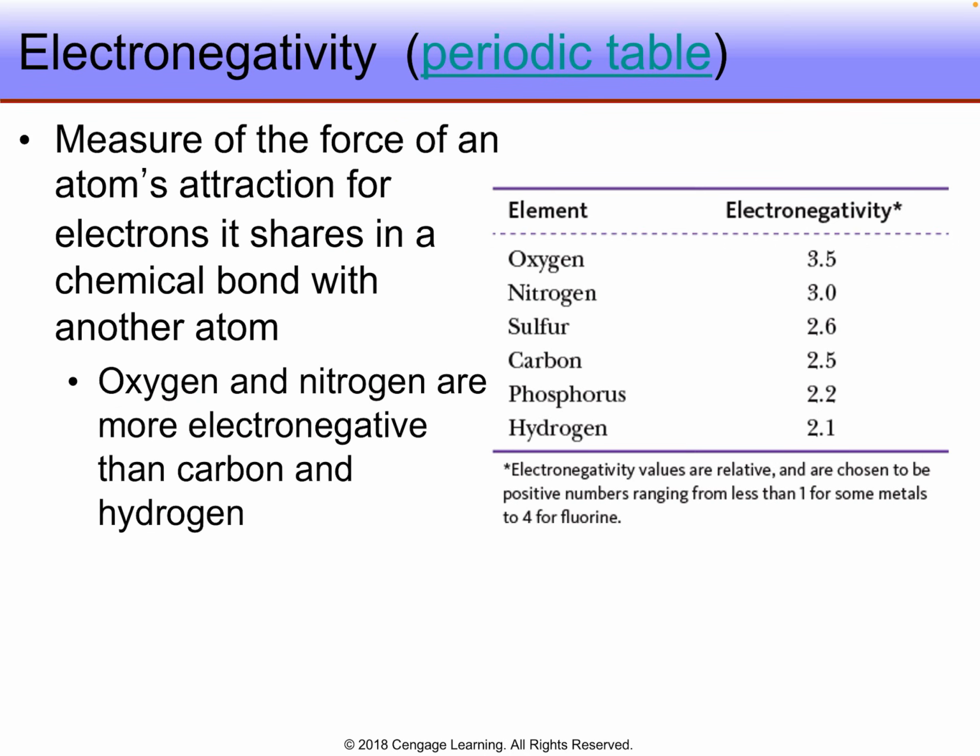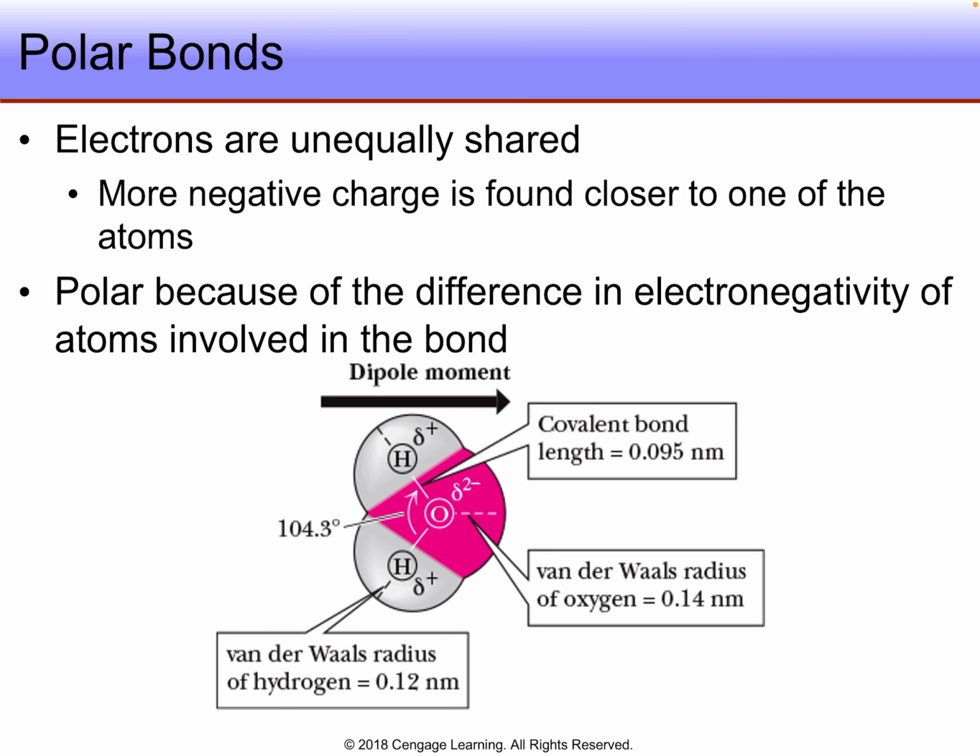So of biochemical importance, oxygen is one of the key atoms we look at, and nitrogen, and we consider both of these to be high on the electronegativity scale. Hydrogen is low, carbon is somewhat intermediate. And so when you have a covalent bond between an atom that is more electronegative than another, you get a polar bond.